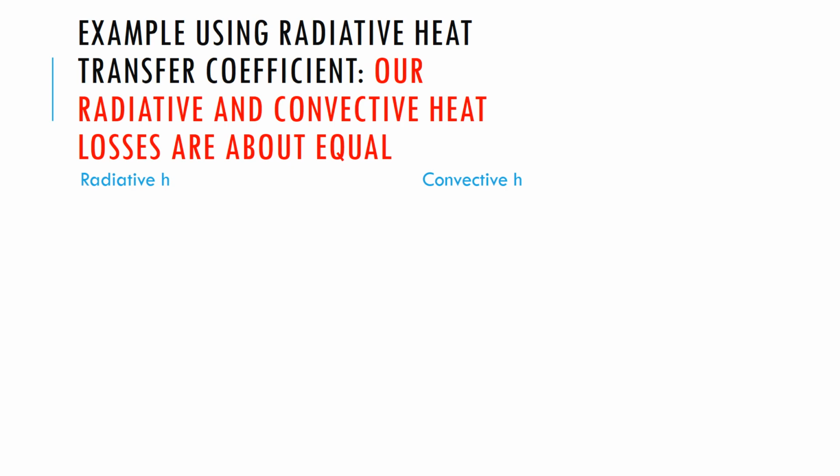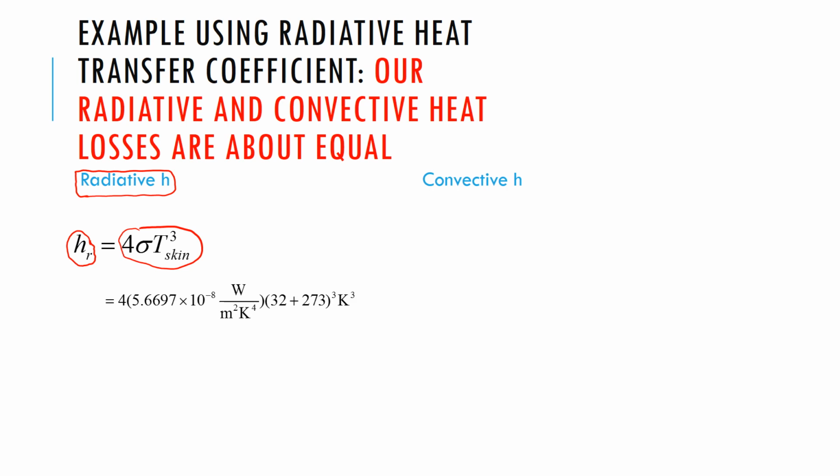We are going to use the very simple radiative formula that we just derived to do a quick comparison between radiative and natural convective heat losses from the human body. So first we do the radiative heat loss calculation. The radiative heat transfer coefficient, as we defined, let's plug in the values.